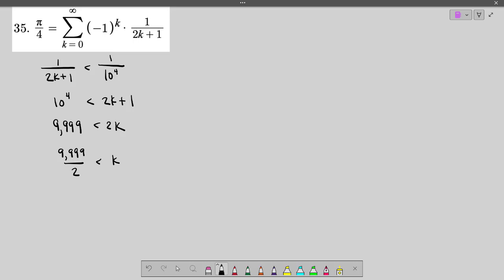And so if you type it in your calculator, you're going to get just under 5,000, 4,999.5 or whatever it is. So the first integer k value that will satisfy this is 5,000. Everybody okay with that?